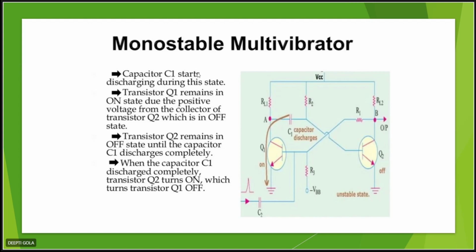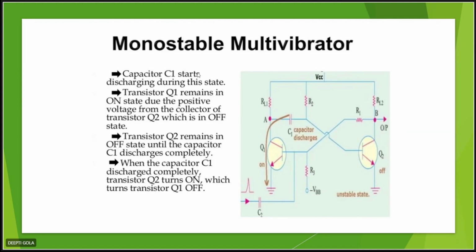This Q1 remains in the on state due to the positive voltage provided from the collector of Q2. So this state will be there until capacitor C1 gets completely discharged. Okay. Once the capacitor gets completely discharged, Q1 will automatically be off and then Q2 will automatically get on, right? So this is how the stable and unstable states are changing here.